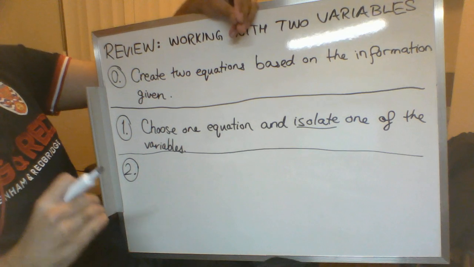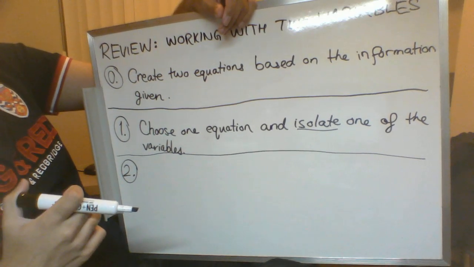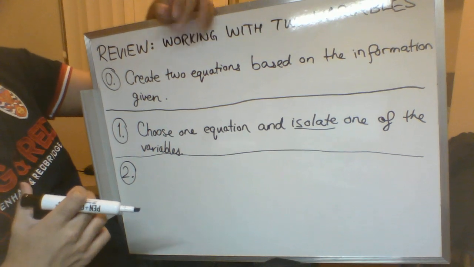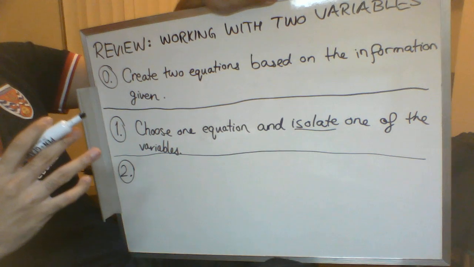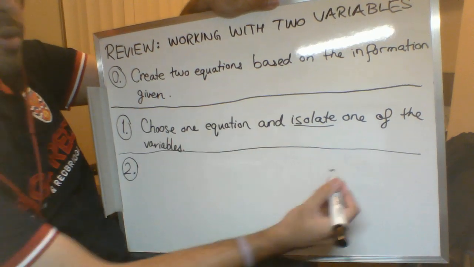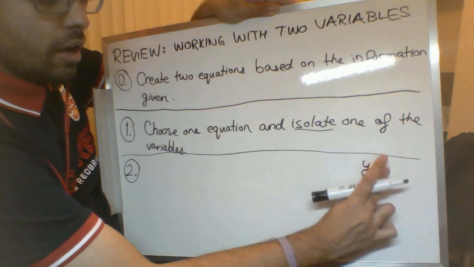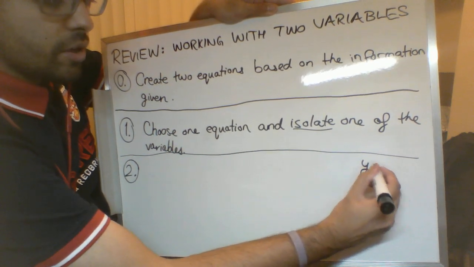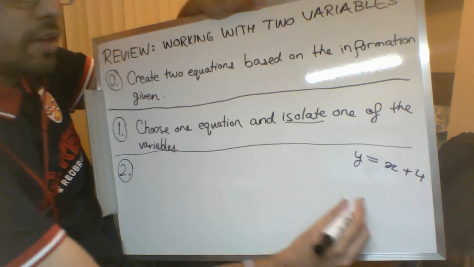All right, so assuming you've gone ahead and done that, once you've finished isolating for one of the variables in one of the two equations, you can now take that result. I'm not going to do a full problem with it, because I want to make sure the numbers come out nice.